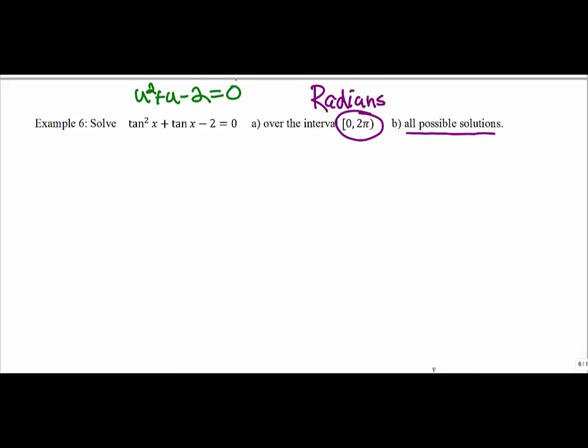The first thing that I would try if I was solving that in algebra would be to factor. So let's try the same thing here. Set up our 2 parentheses. It's already set equal to 0, so all we have to do is factor this trinomial. We can think of it as tangent x times tangent x.